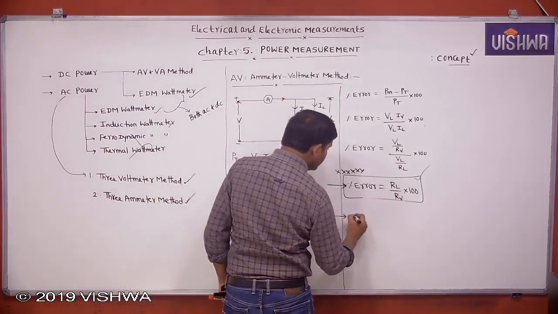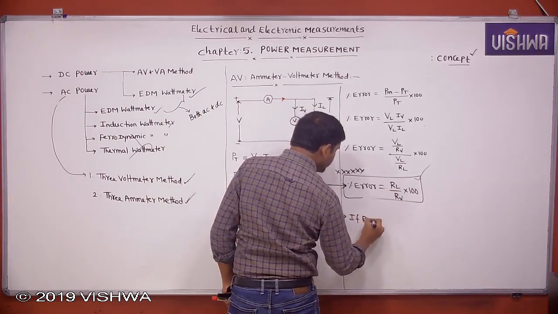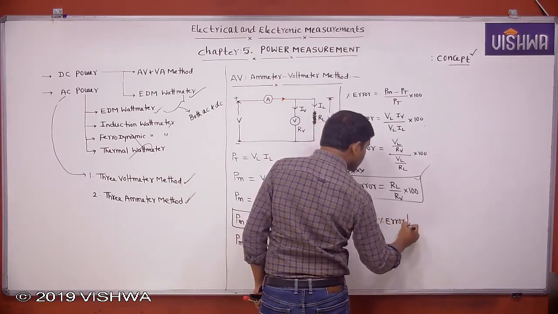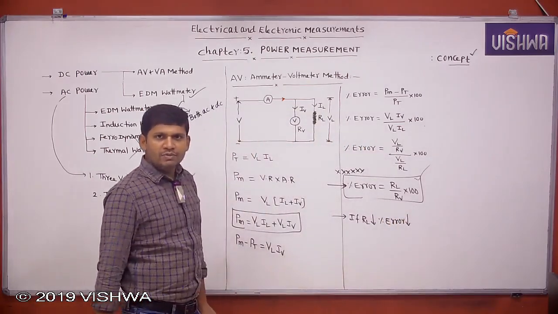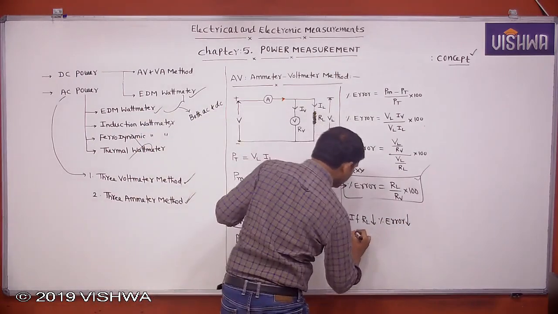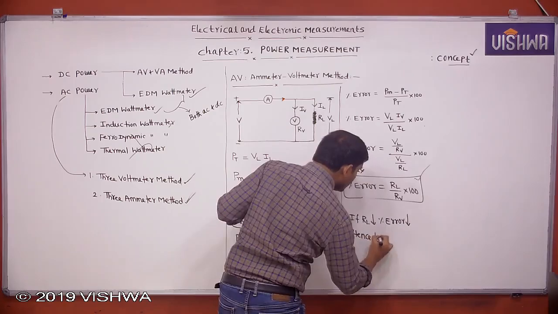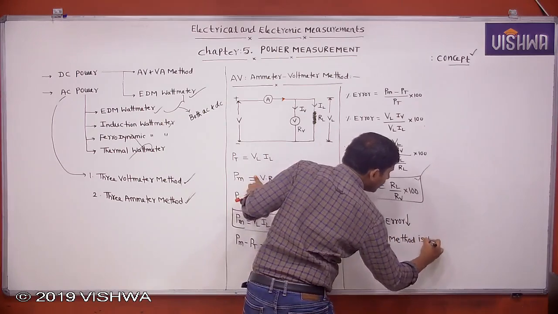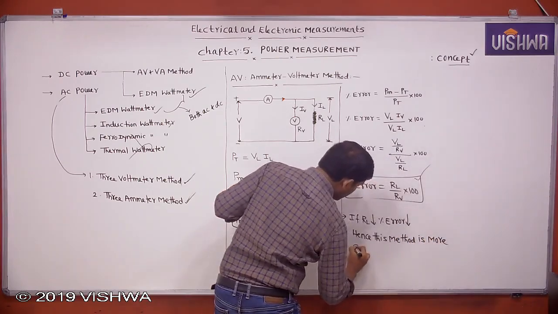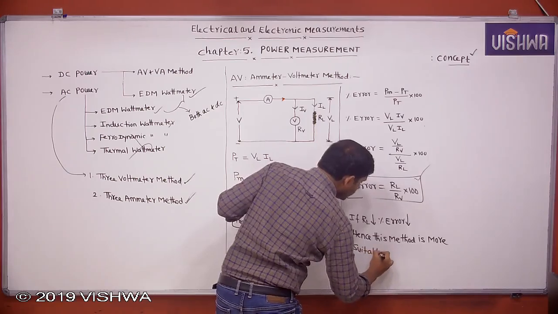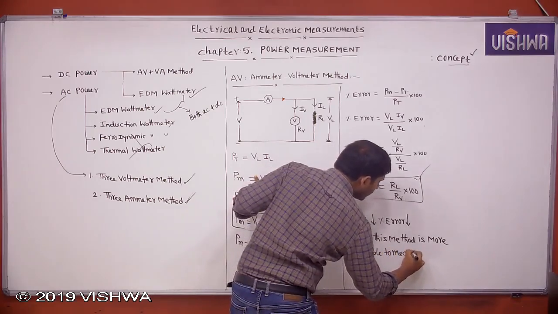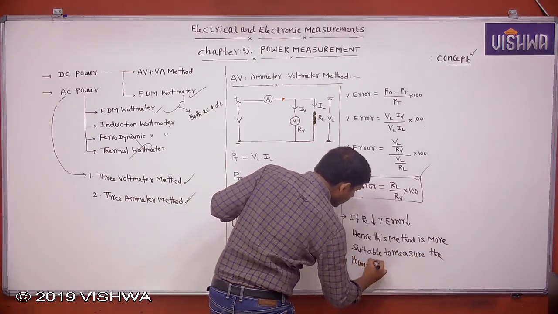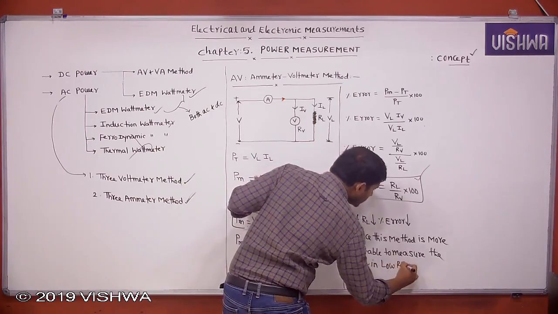One observation here: if RL reduces, the percentage error reduces. Hence, this method is more suitable to measure the power in low resistive loads, because the error is reducing.